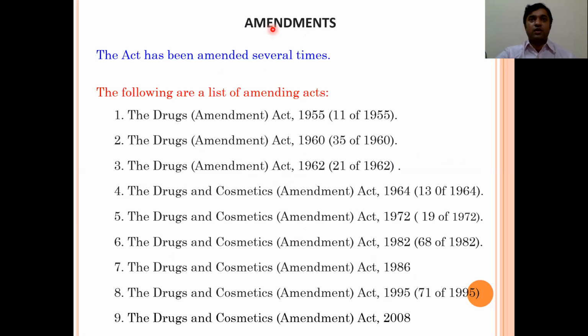The Act has been amended several times since 1955, and 2008 is the latest amendment.